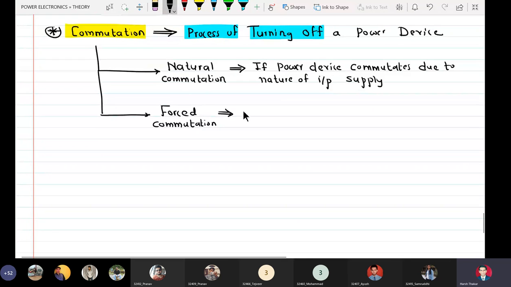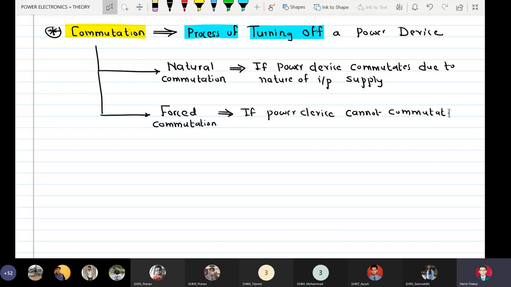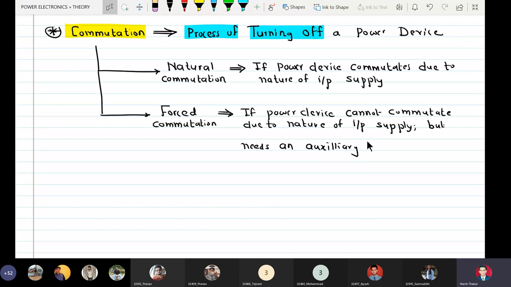On the other hand, if a power device cannot commutate due to the nature of input supply but needs an auxiliary circuit to commutate, it is called as force commutation.